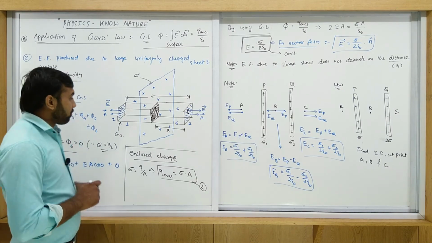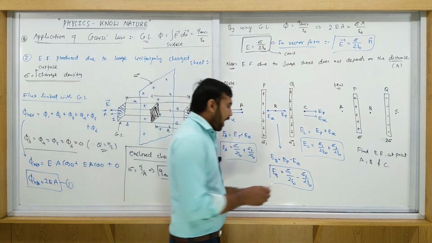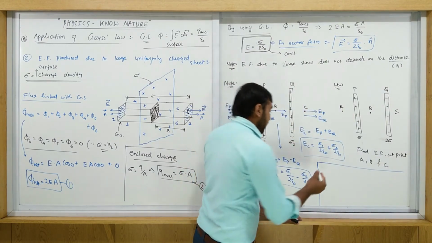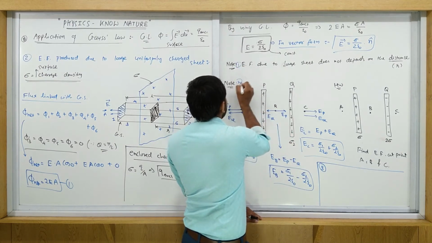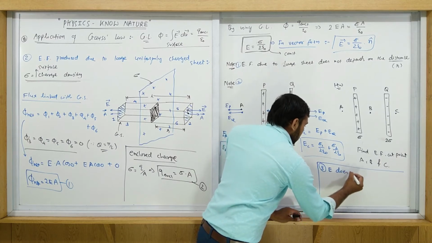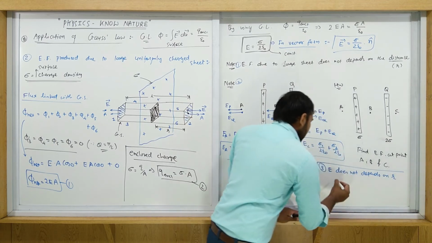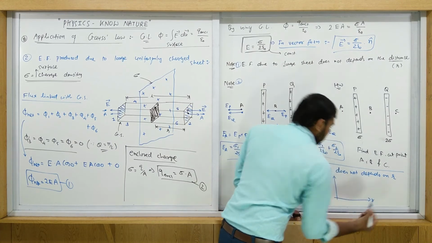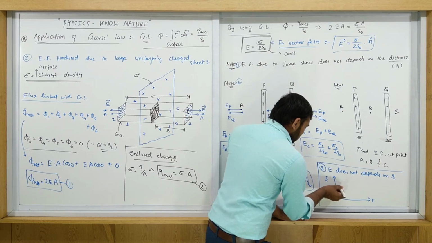Okay, now if it is constant, then we write the last note: how we draw the electric field versus distance graph. So note number 1, note number 2, note number 3. E does not depend on R. If you draw the graph of E versus R, it does not depend on R, which means it is constant.